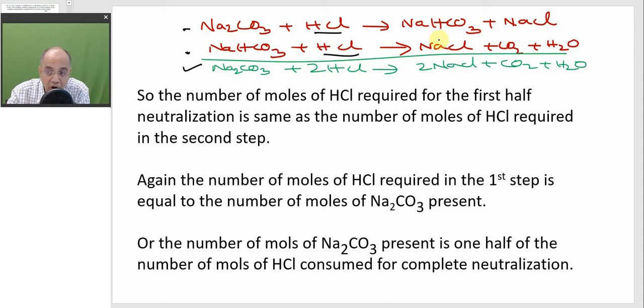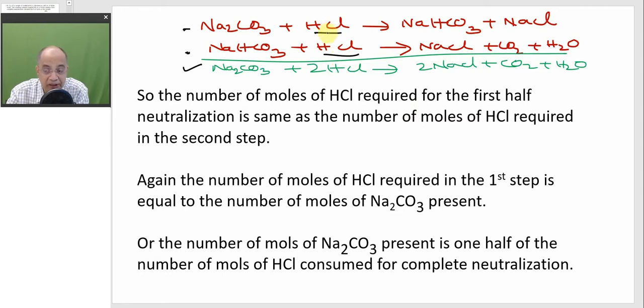So it will form X mole of sodium bicarbonate and use X mole of HCl. So this X mole will again take X mole of HCl. So if the number of moles used in the first step is X, then in the second step also it will consume X mole. So the number of moles of HCl or H plus ion, it may be HCl or H plus ion.